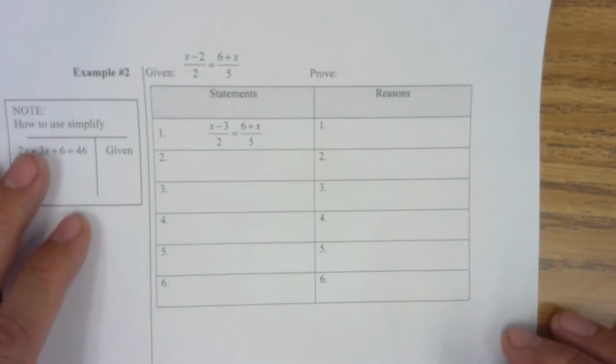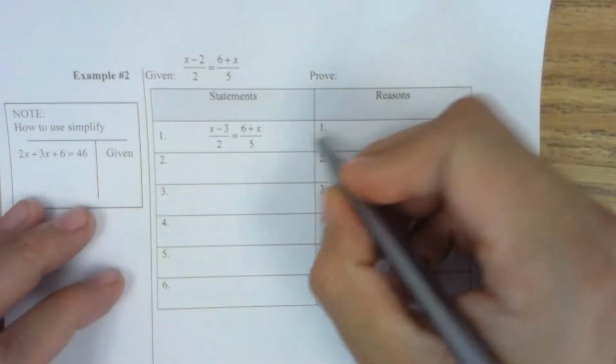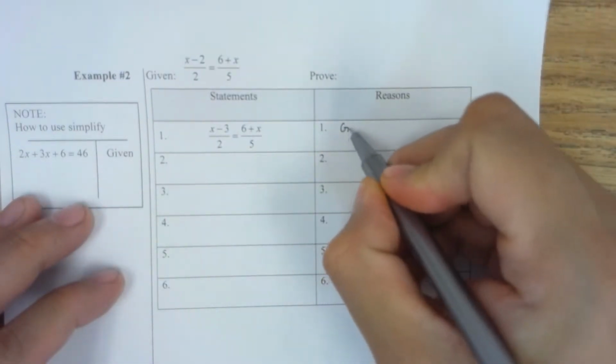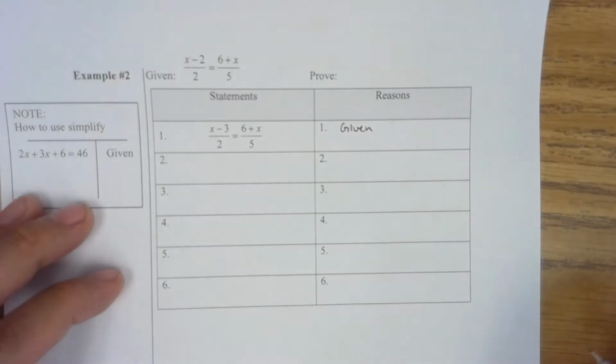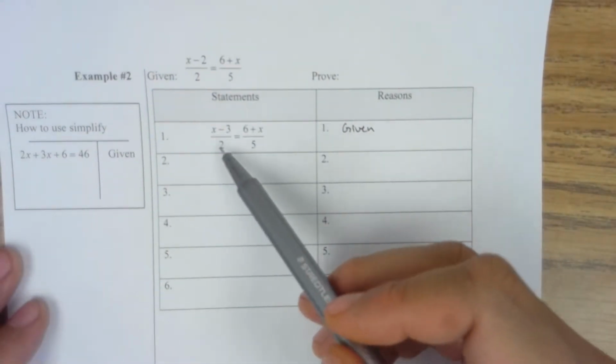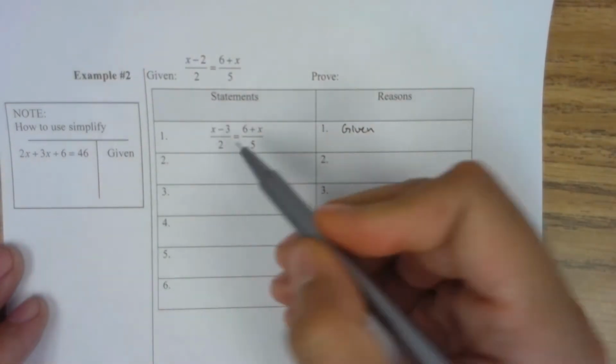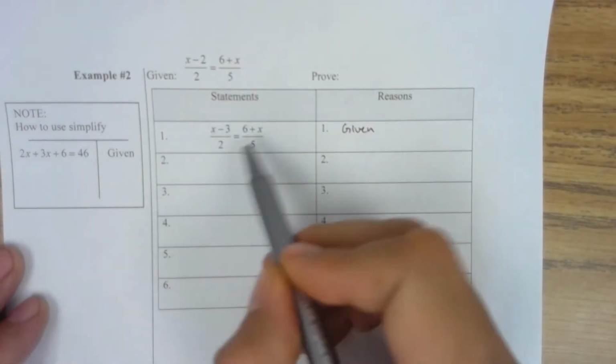Let's take a look at this. Now it seems a little complicated, but if you work your way through it, you should be able to do it. So the first one, it's given. To solve it, looks like we need to get rid of the fraction here. Let's get rid of a 2 here. So I'm going to multiply both sides by 2.